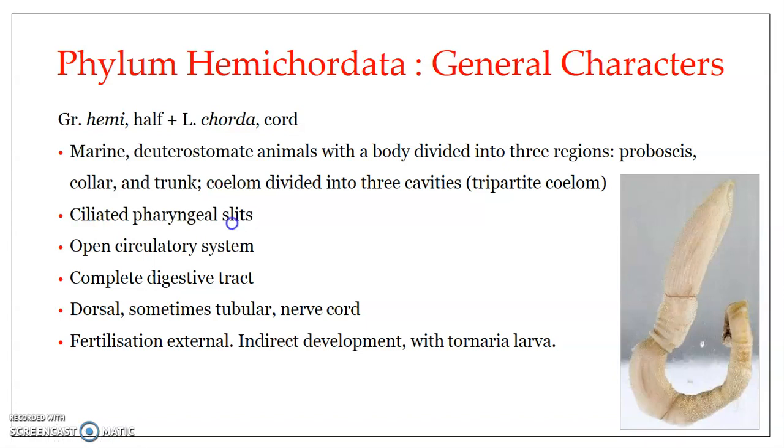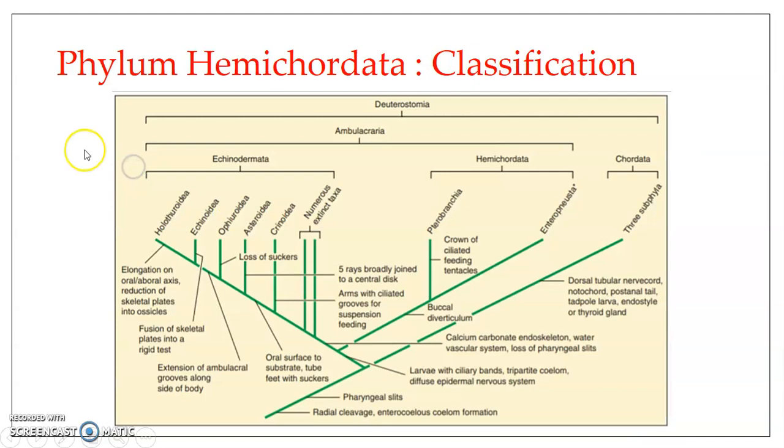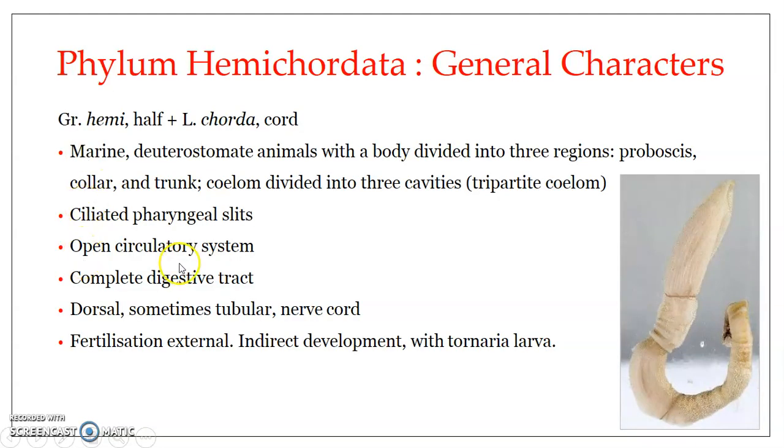Then we have a simple and open circulatory system, which consists of a pulsating center in the proboscis and dorsal and ventral longitudinal blood channels in the rest of the body.